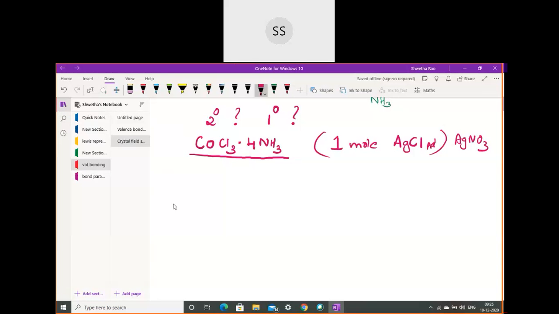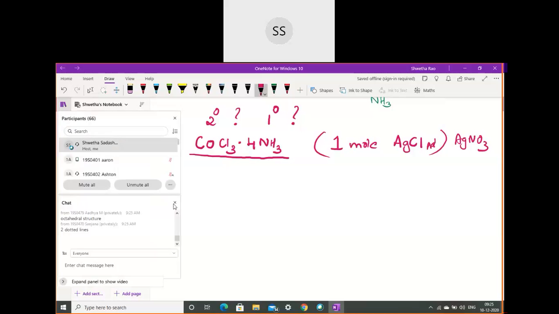The one who has answered me, it's correct. The secondary valency as well as the primary valency answers are correct. I will tell later, but can you all tell me how that complex will be? Just give me that structure, like how many cobalt, how many chloride and how many ammonia. If you just give me the number is fine.